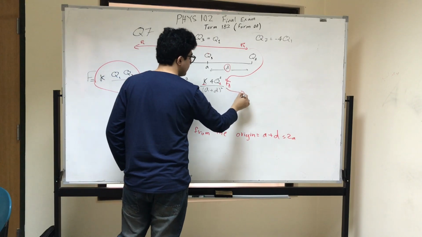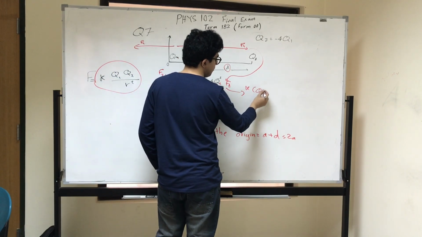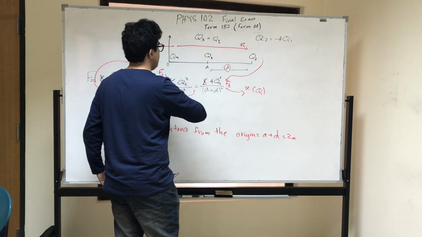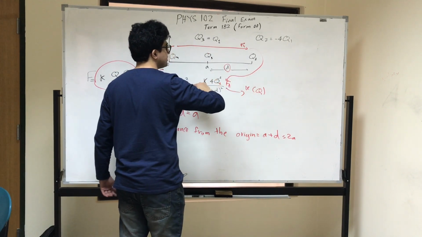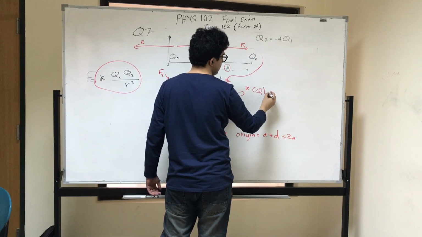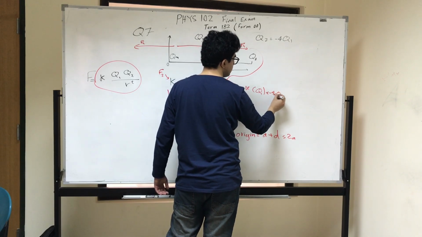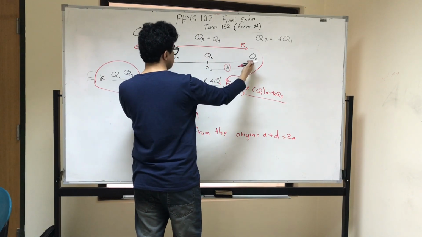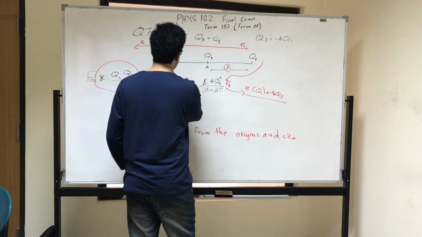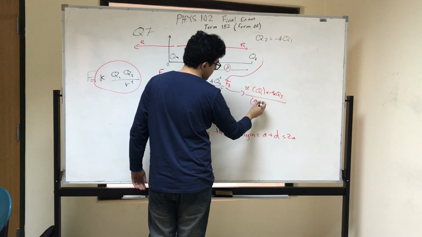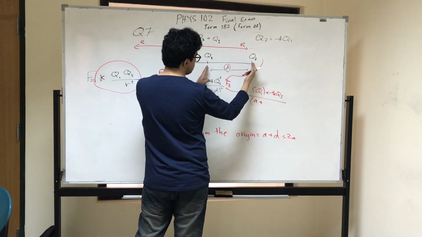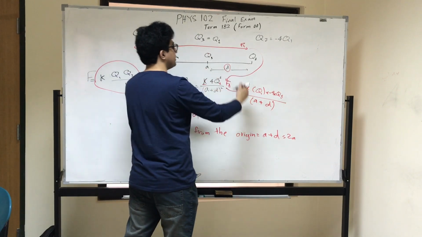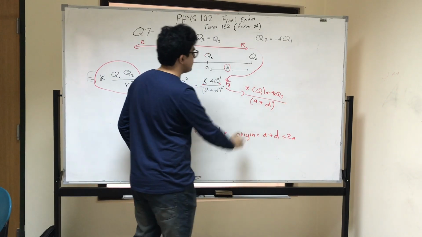The second charge is Q2, which is equal to -4 Q1, over the distance between these two charges squared. The distance from here to here is A, and the distance from here to here is D. So the total distance between Q3 and Q2 is going to be equal to A plus D.